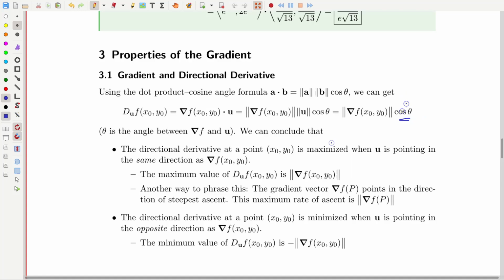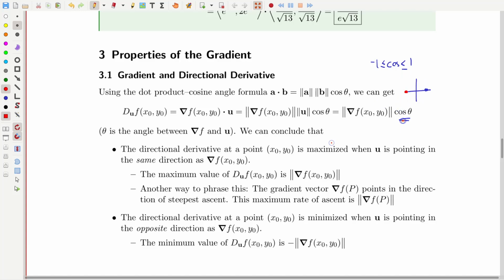Recall that cosine is always between -1 and 1. So for some angles theta on the unit circle, cosine will take the value 1 at this point, and it'll take the value minus 1 at this point. And then in between, it ranges through all the other values.